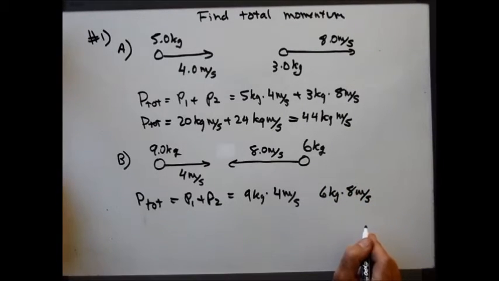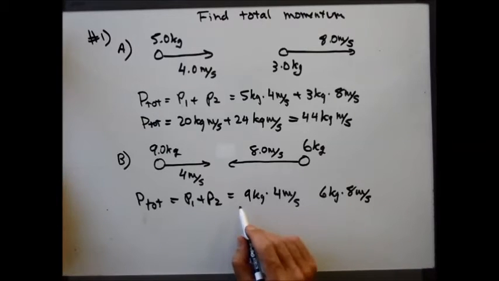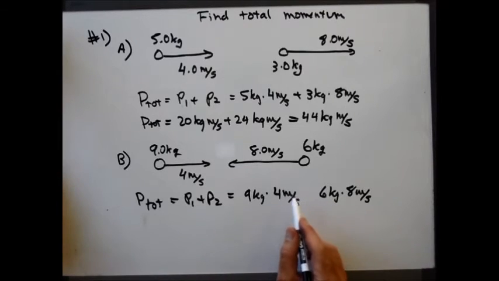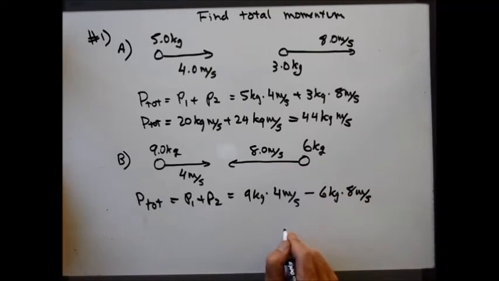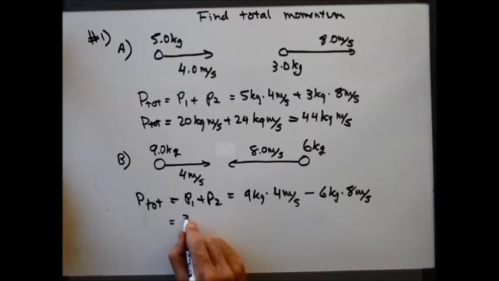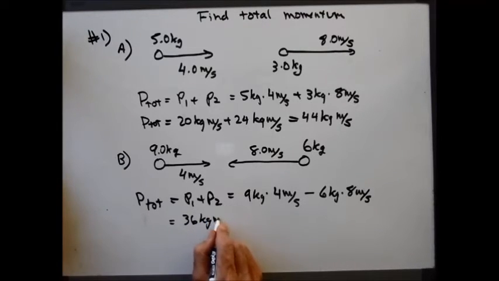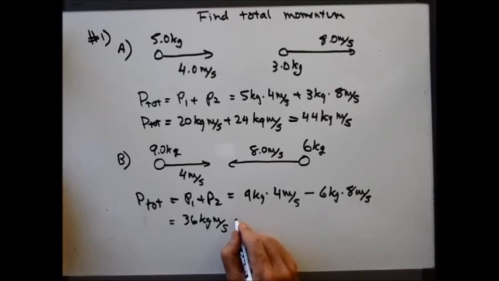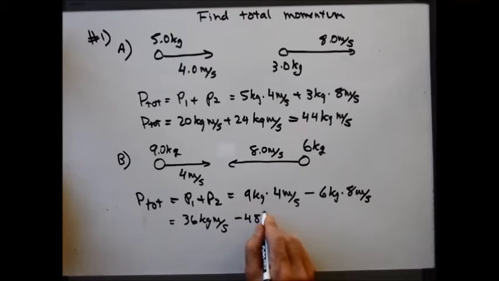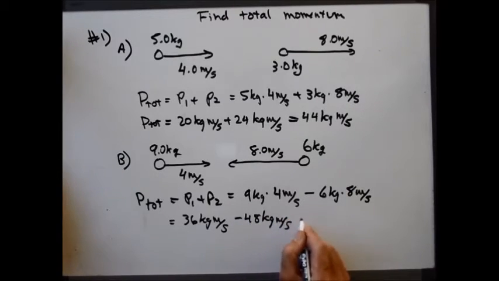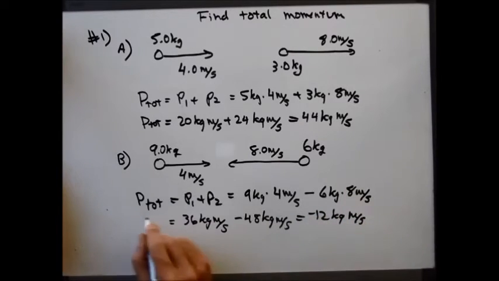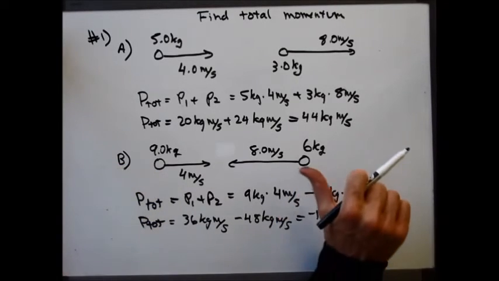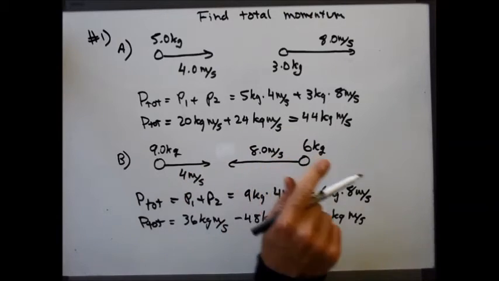And the catch here is what? These are supposed to be vectors, and so even in one dimension I have to specify direction. This guy's going in the negative direction, so I have to put a minus sign there. And so this is 36 kilogram meters per second minus 48 kilogram meters per second, or minus 12 kilogram meters per second is my P tot. In other words, the total momentum of this system is moving to the left, not to the right.